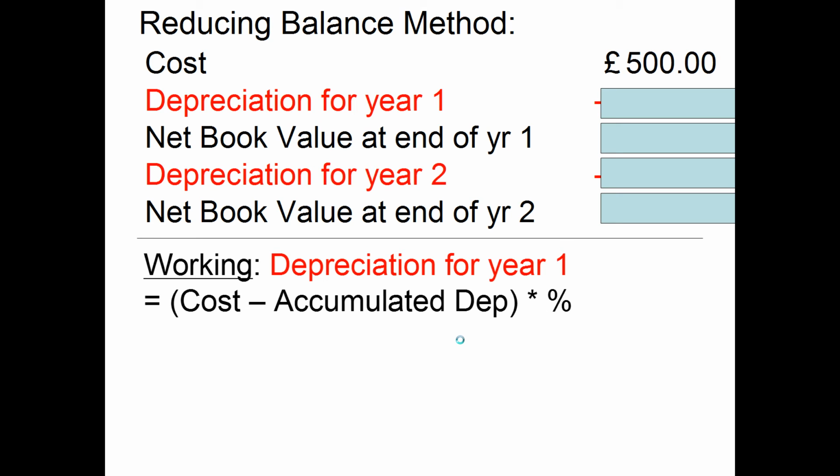There's no existing depreciation, so there's nothing to take away from the cost. So cost minus 0 times 70%. So we get an answer there of £350, and this is the balance, the net book value, which you'll see is £150. So cost minus net book value gives you £150, which you see there. So it's quite a big reduction in year 1.